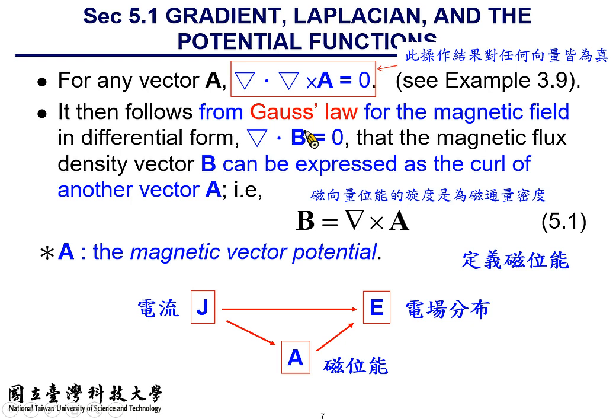So that's why it's referred to as the vector identity. 对任何的向量，你对它先取旋度，再取散度，它一定等于0。That is valid for any vector. And the next thing is Gauss's law of magnetic field. In the Maxwell equations of differential form, we found that the fourth equation is that the divergence of B must equal 0.